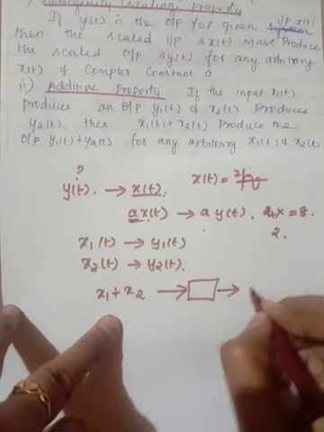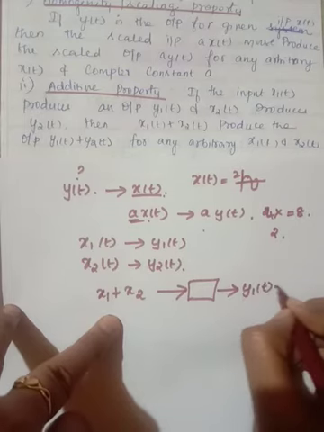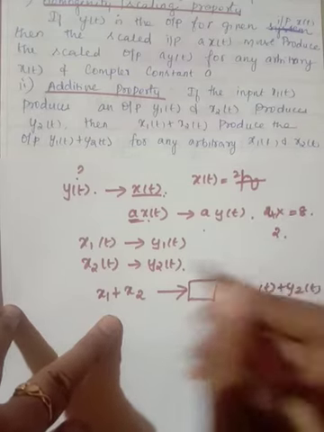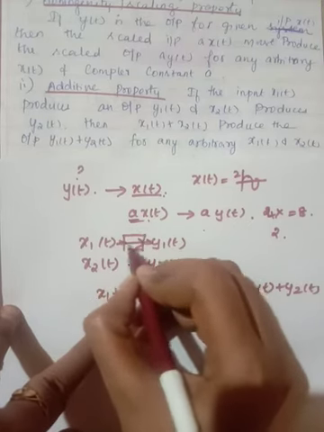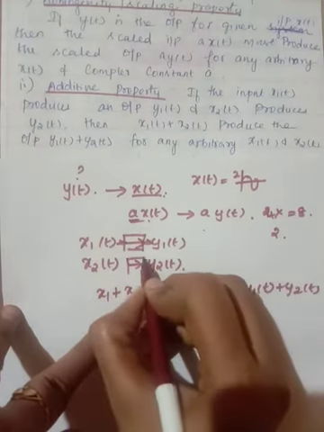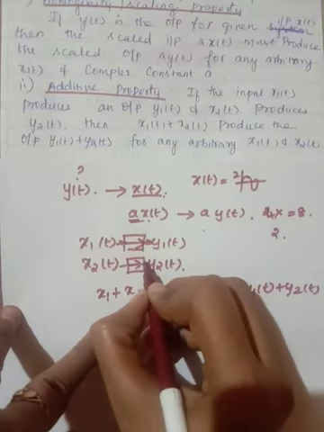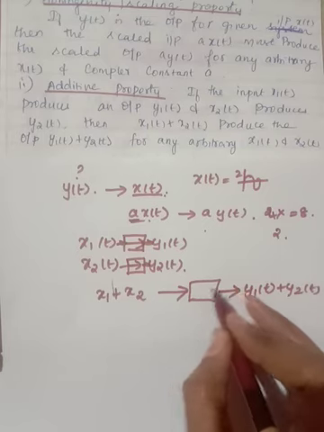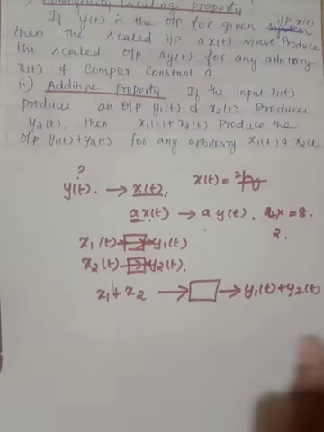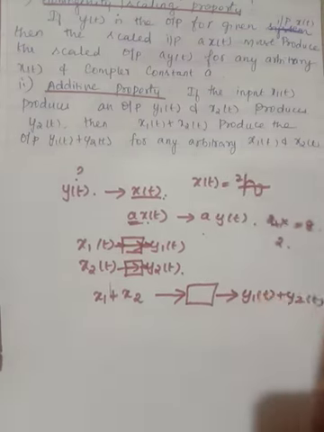This should produce an output y1 of t plus y2 of t. Consider here this is a system. When I give x1 of t, it should produce y1 of t. When I give x2 of t, it should produce y2 of t. When I add the two signals and give them to the system, it should produce y1 of t plus y2 of t. So that is the additive property.